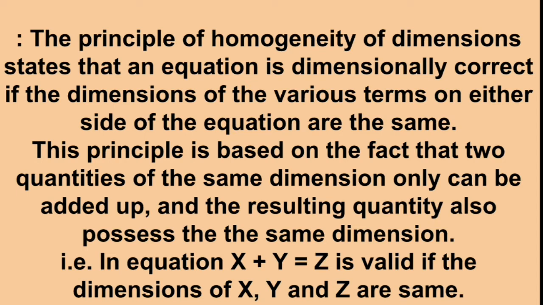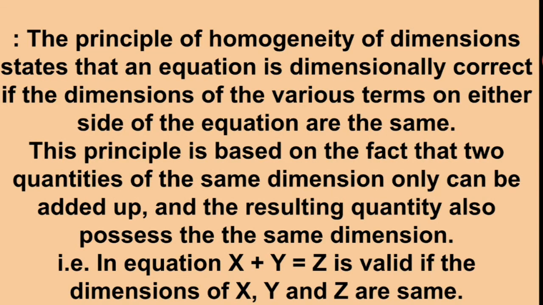So it has got two parts. The first part says that a given equation is dimensionally correct only if all the terms in the equation have the same dimensions, whether on the left hand side or the right hand side. Or in simple words, the dimensions of the quantities on the left hand side should be equal to the dimensions on the right hand side. The second part says that only physical quantities with the same dimensional expression can be added or subtracted.